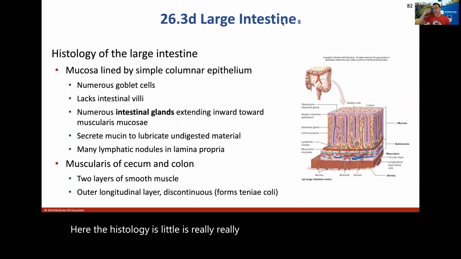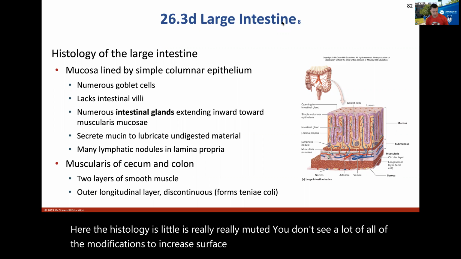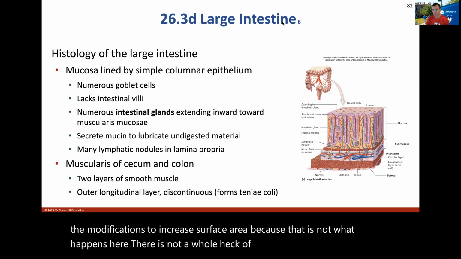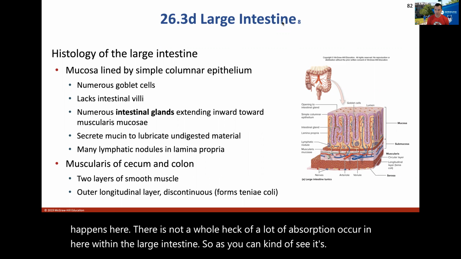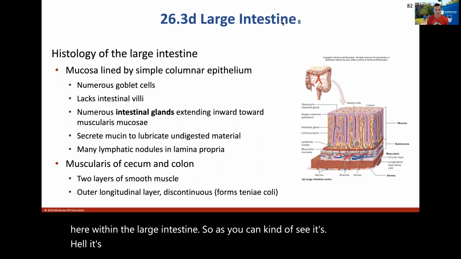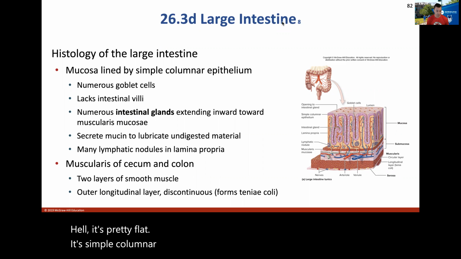You don't see all of the modifications to increase surface area, because that is not what happens here. There's not a whole lot of absorption occurring within the large intestine. It's pretty flat. It's simple columnar epithelium. There's a ton of goblet cells.